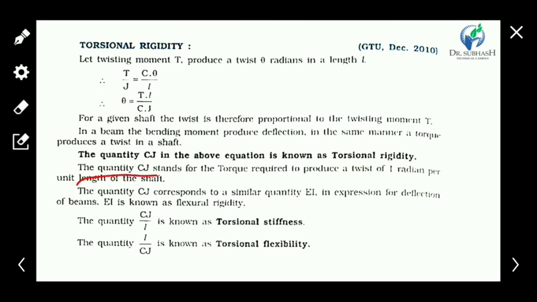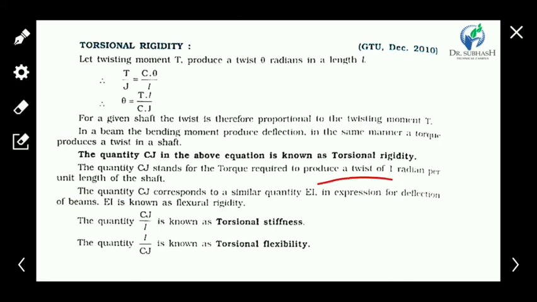The quantity CJ stands for the torque required to produce a twist of 1 radian per unit length of the shaft.